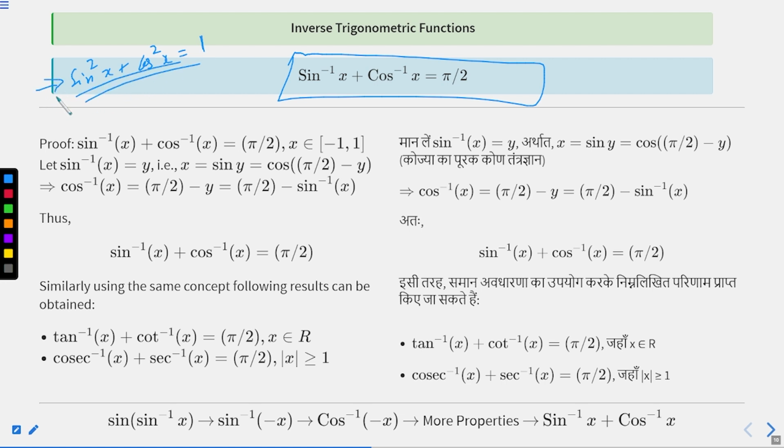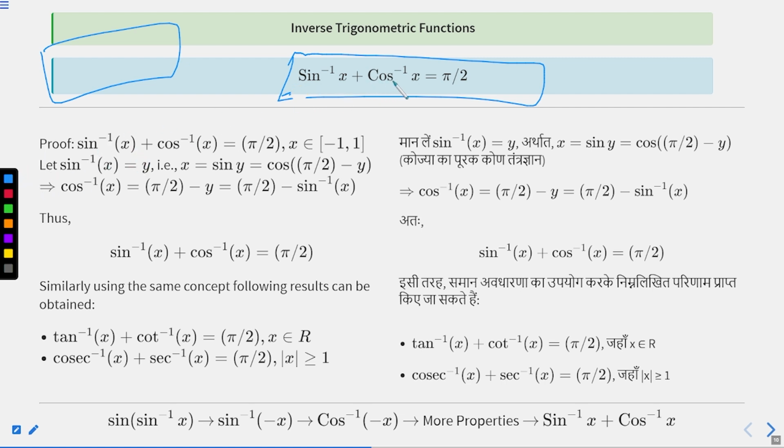This is the most important property we use time to time. In inverse trigonometric functions, this property is similar to the one we just wrote. This is also very important. Let's see the proof.